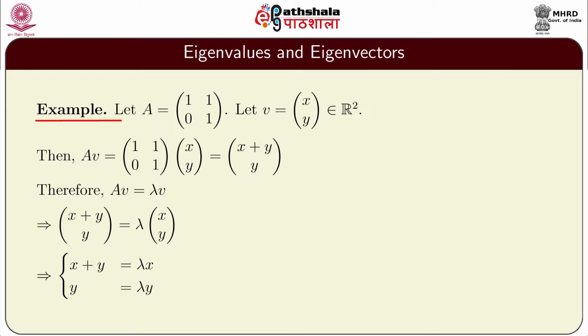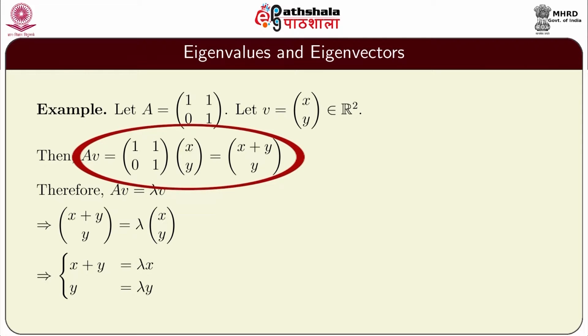A simple example: A is the 2 cross 2 matrix whose first row is 1 1 and the second row is 0 1. Let us take this vector v, which is this column matrix (x, y) in R^2. Then Av is the vector (x plus y, y).